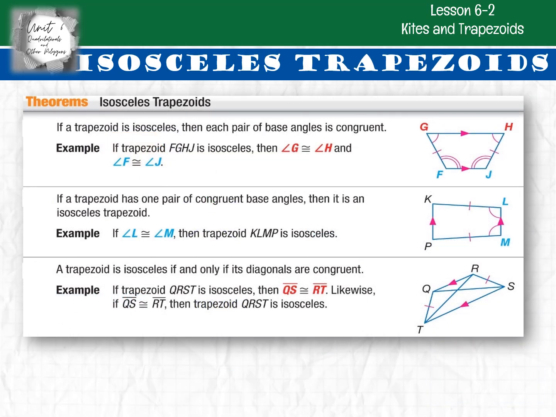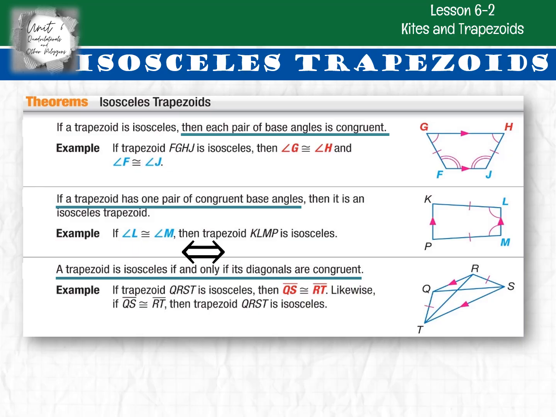Theorems. If a trapezoid is isosceles, then each pair of base angles is congruent. We already talked about that. Here's a new visual for that. If a trapezoid has one pair of congruent base angles, then it must be an isosceles trapezoid. A trapezoid is isosceles if and only if, there's a symbol for it, that is a biconditional statement.